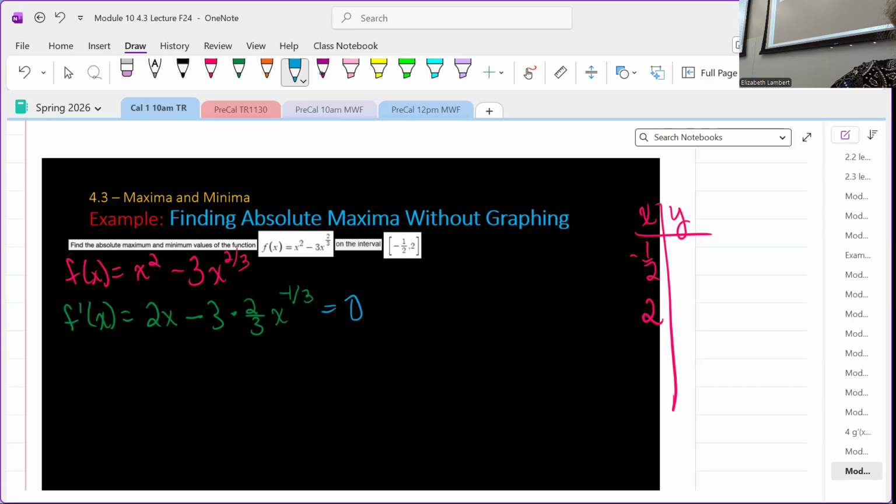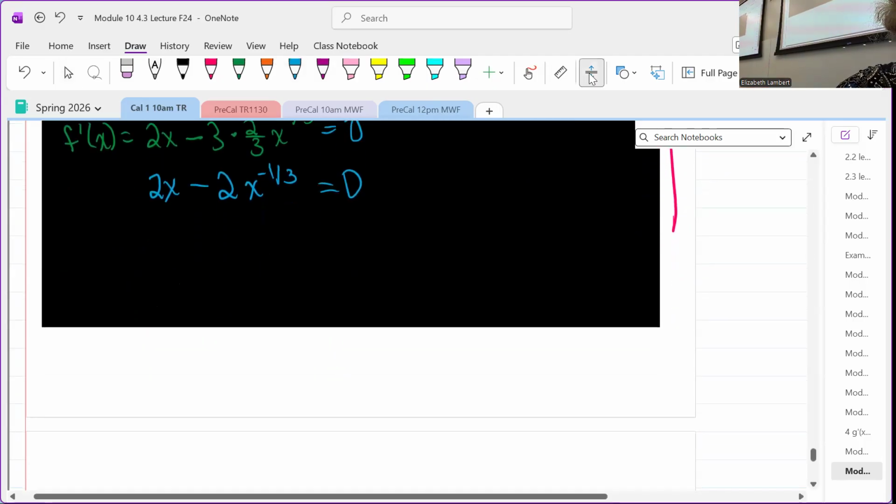All right, so I'm going to clean this up a little bit. So that's 2x minus 2 x to the negative 1/3. Let's consider our algebra a little more carefully.